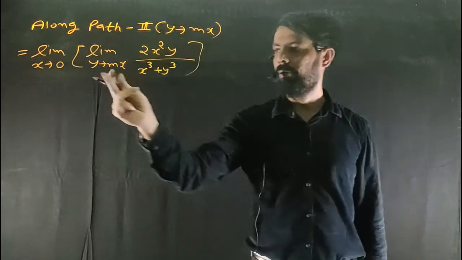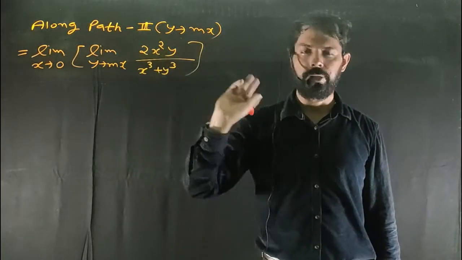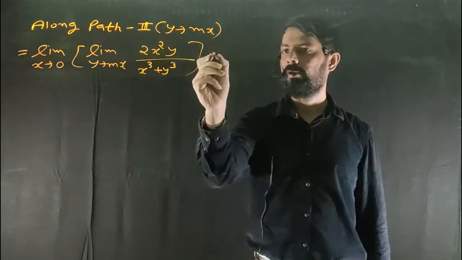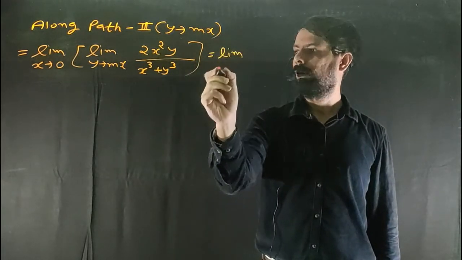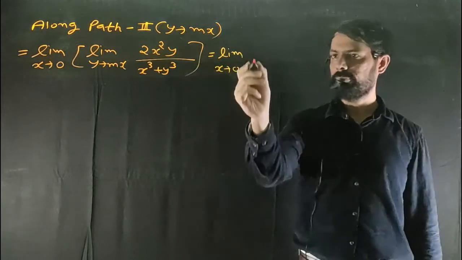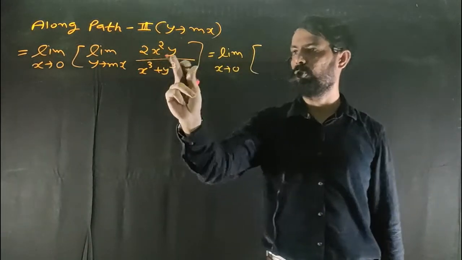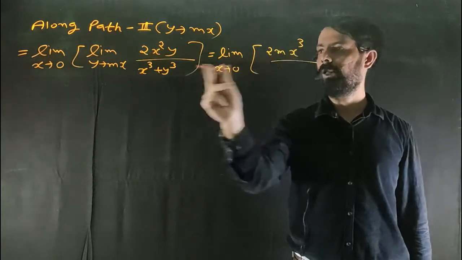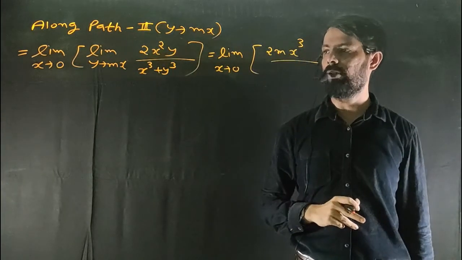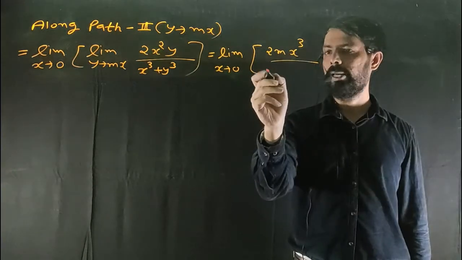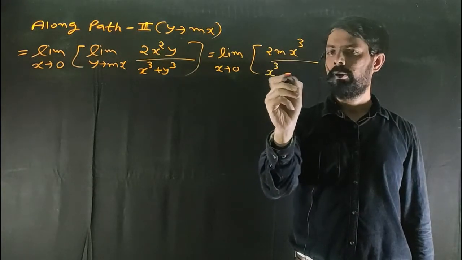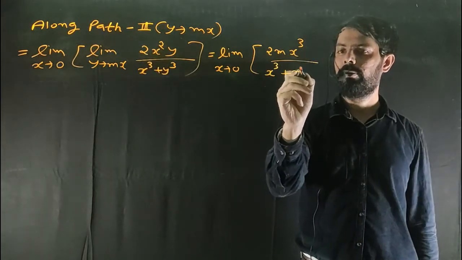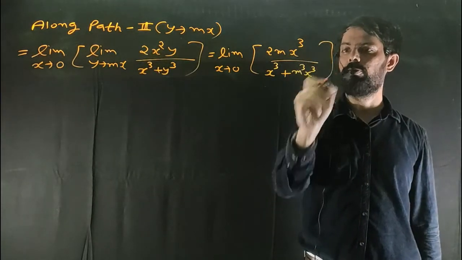Okay, so here we will have to replace y by mx in this function. So this will be limit x tends to 0, here replacing y by mx, so here 2mx cube, because x square into mx will be mx cube, divided by x cube plus, here if we replace y by mx, then it will be m cube x cube.